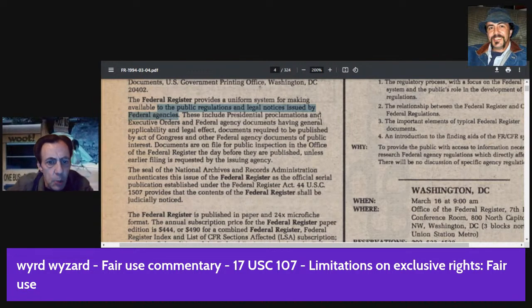These include presidential proclamations and executive orders, and federal agency documents having general applicability and legal effect. Documents required to be published by act of Congress and other federal agency documents of public interest. Documents are on file for public inspection in the Office of the Federal Register.